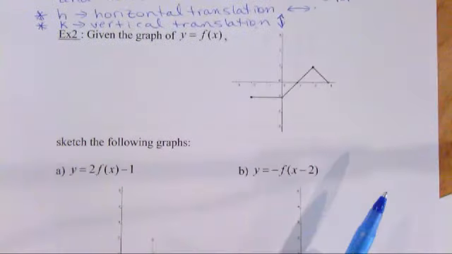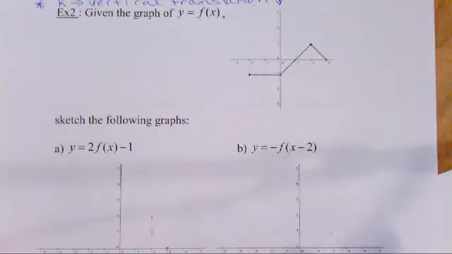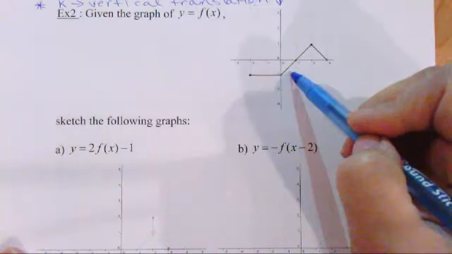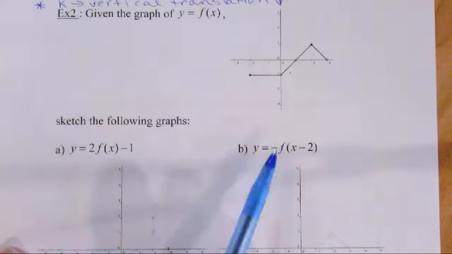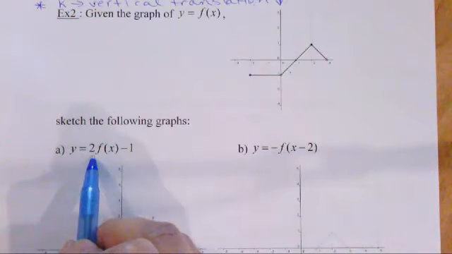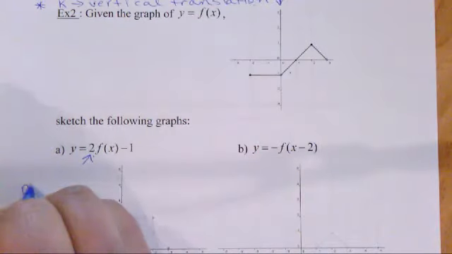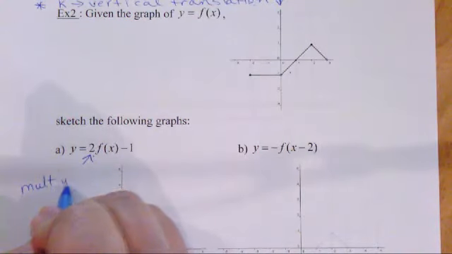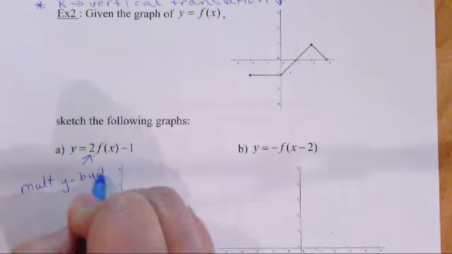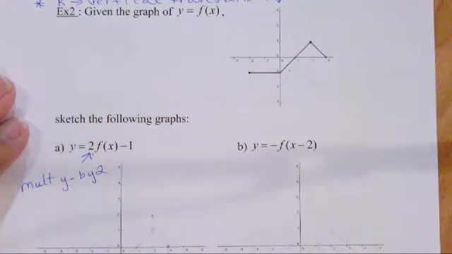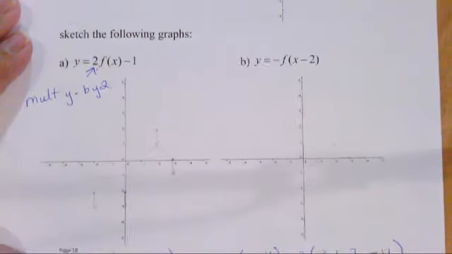Now for these two examples here, we're given the graph of f of x, and we're going to see two different examples. Let's do this one first. What this 2 does is it multiplies our y values by 2. So anything that we have here, let's say this is y equals -1. Let me move this down so you can see it better.